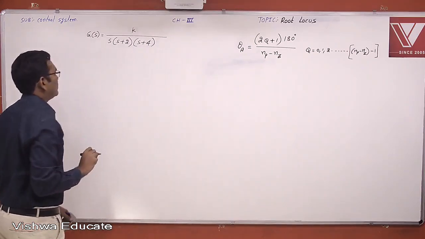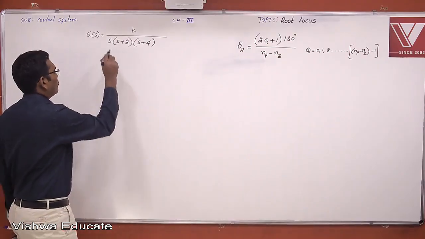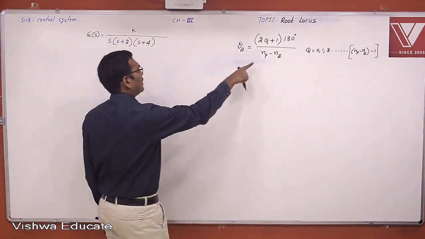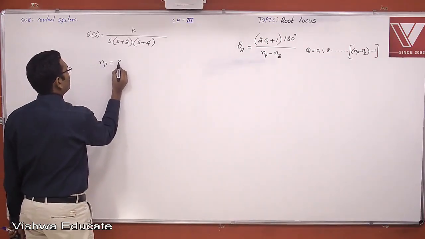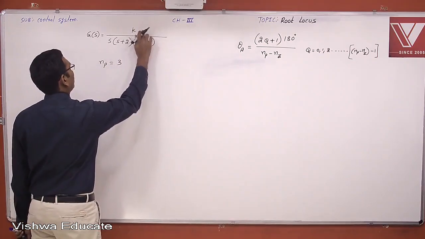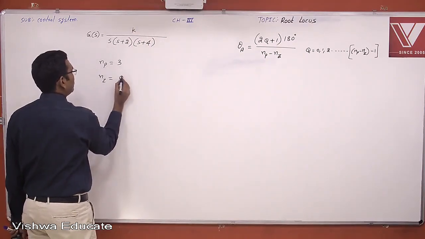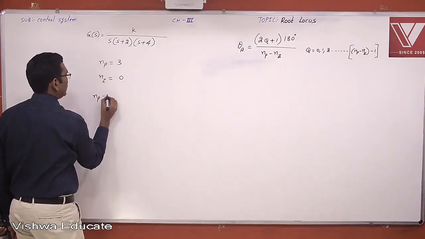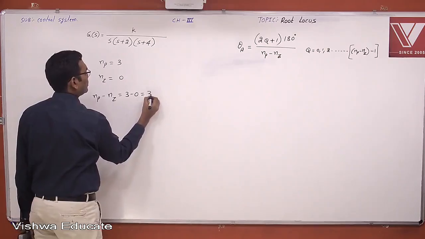Np is the total number of poles. How many poles? The total number of poles is 3: 1, 2, 3. What is the total number of zeros? There is no zero here, so nz is 0. Np minus nz is 3 minus 0, which is equal to 3.